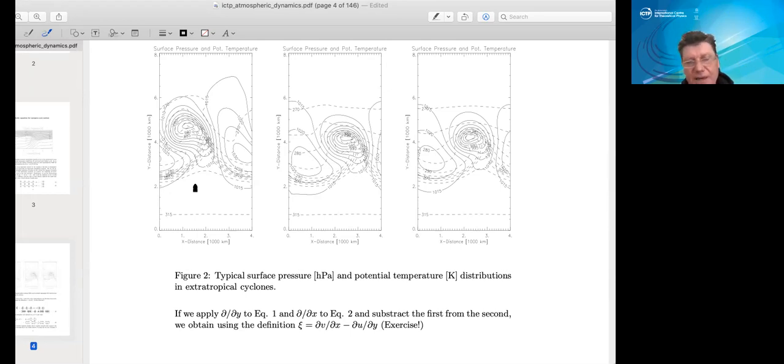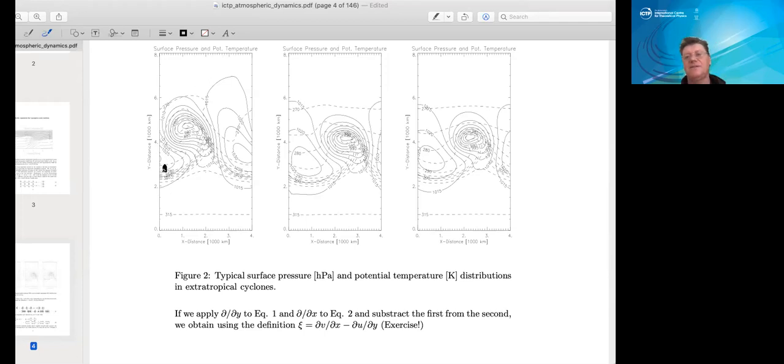But I can tell you already what is happening, how this energy, this instability that we have found, is actually released in these systems: this warm, light air is rising, and the cold air is sinking.